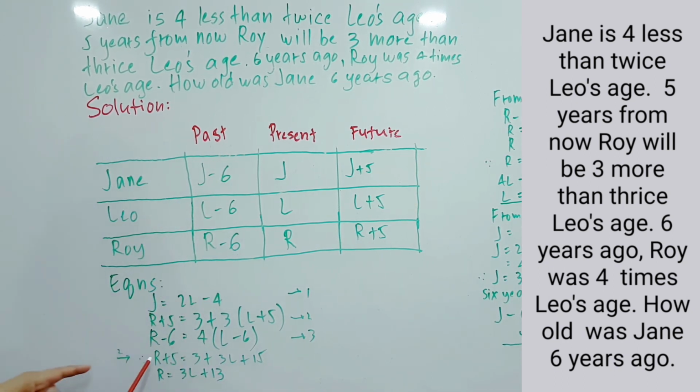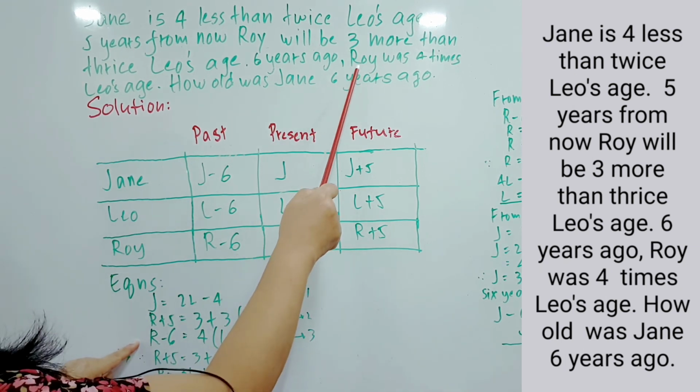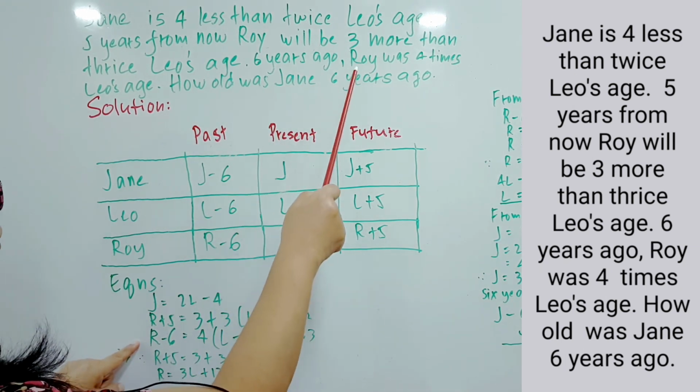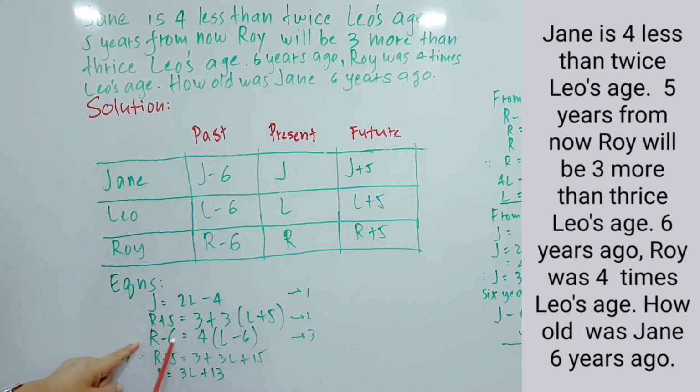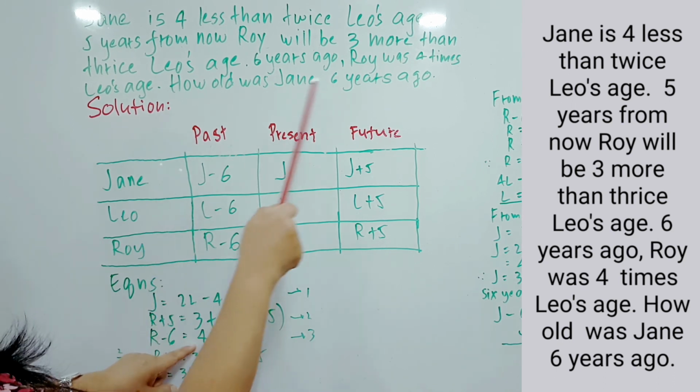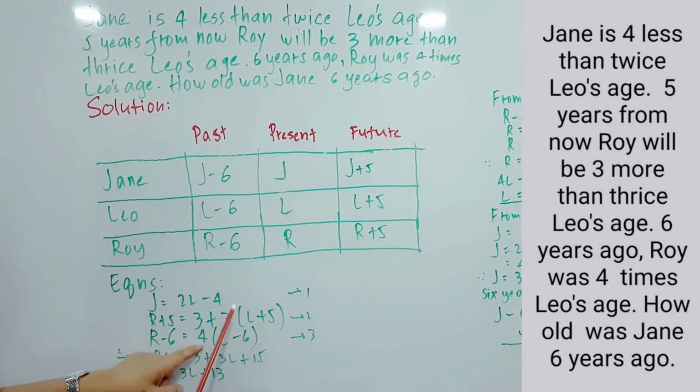Therefore, we will take another equation. 6 years ago, Roy was 4 times Leo's age. So, 6 years ago, Roy's age is R minus 6 is equal to 4 times Leo's age. Leo's age in the past is L minus 6. So, yun ang equation 3 natin.